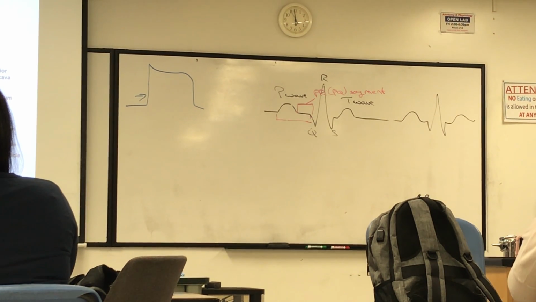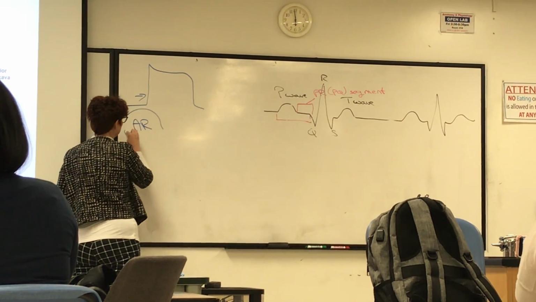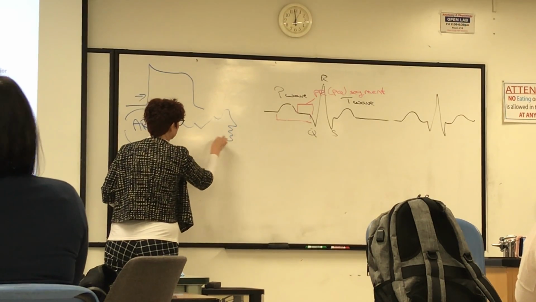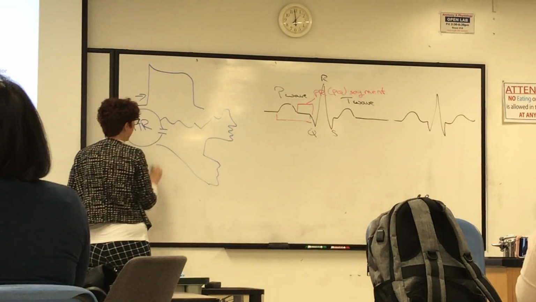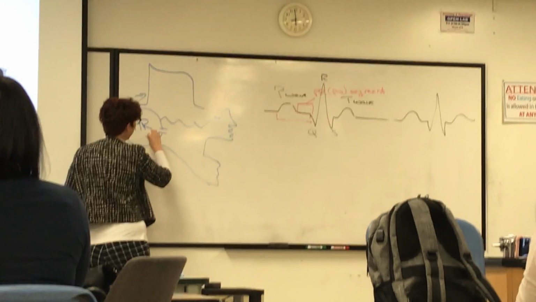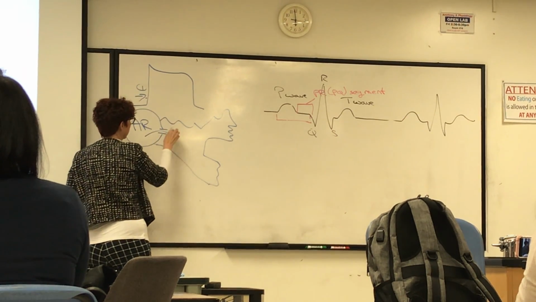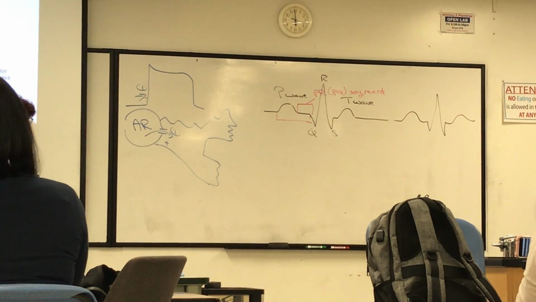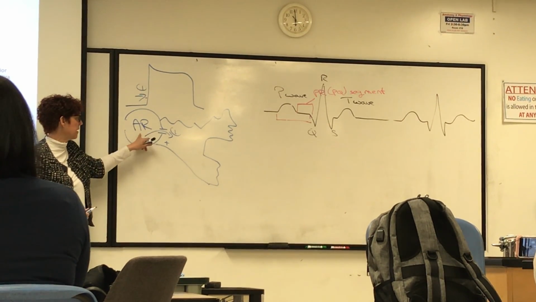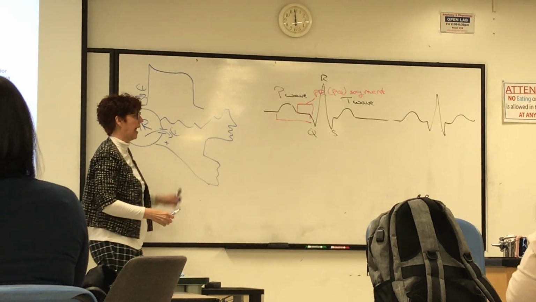So if we have an autorhythmic cell here, and it's connected by a gap junction to a contractile cell here, and when positive ions come into this cell, that's going to cause that event, right? So what's happening in the autorhythmic cell, we contain enough positive ions that they flow through the gap junctions to cause this contractile cell to do that.